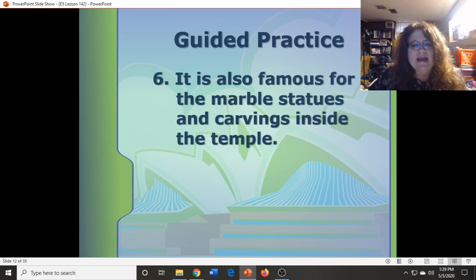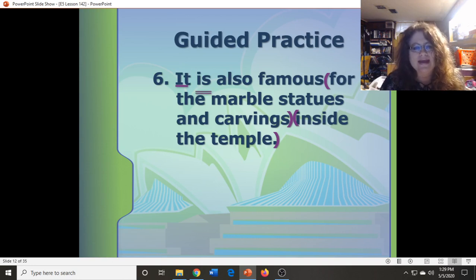Number 6, it is also famous for the marble statues and carvings inside the temple. Get rid of our prepositional phrases first. For the marble statues and carvings inside the temple. So we have left, it is also famous. Subject is it. Now we look for the verb. Oh, remember what I just said for number 5, the linking verbs. Am, is, are, was, were, be, being, been.